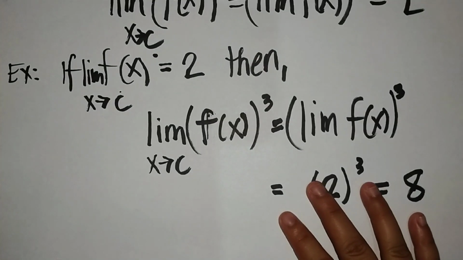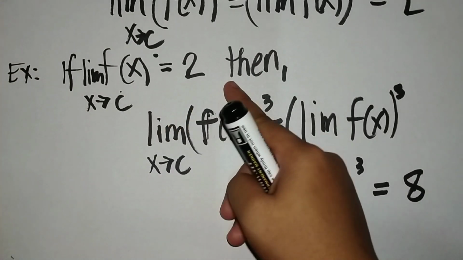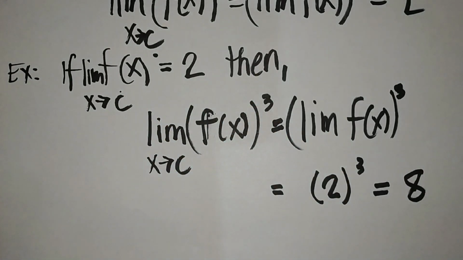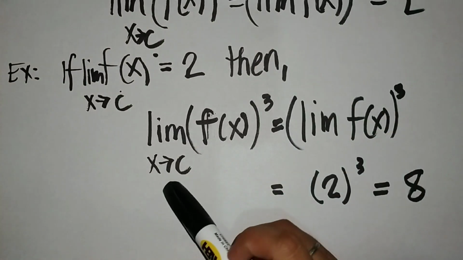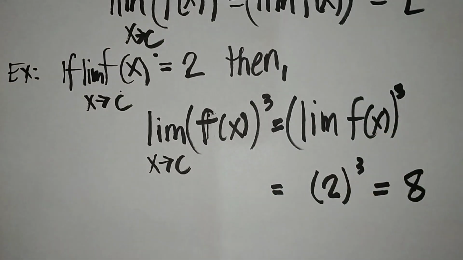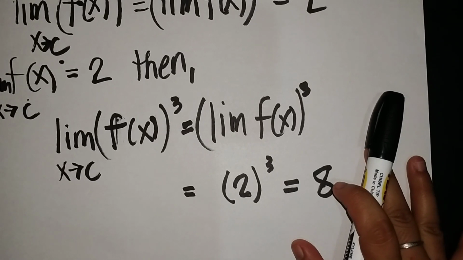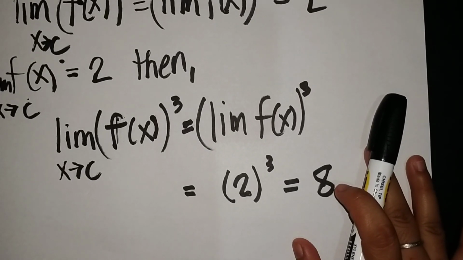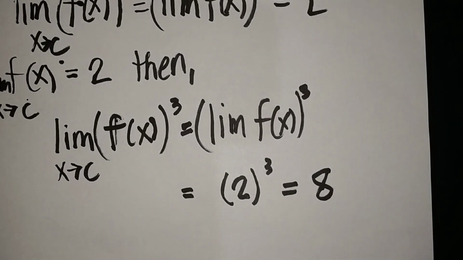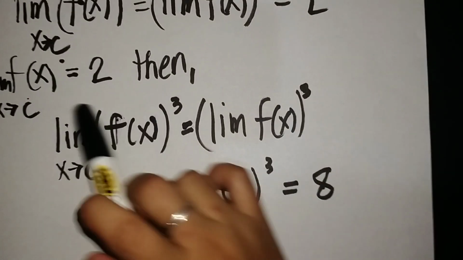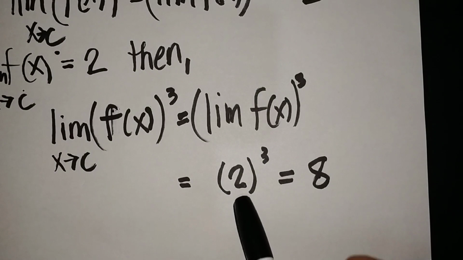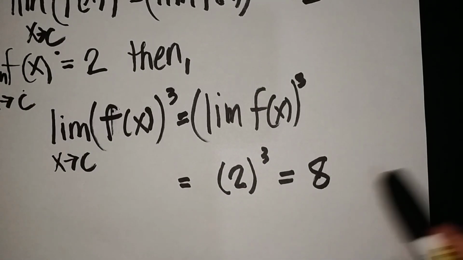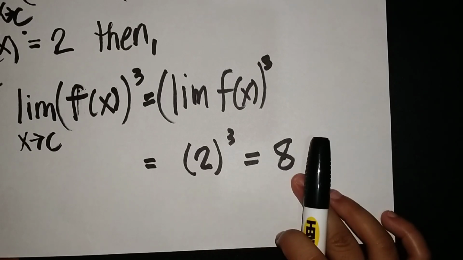In our first example, we let the limit of f of x be equal to 2 as x approaches c. So we have the limit of f of x raised to the power of 3 as x approaches c. We just substitute the limit of f of x, which is 2, raised to 3, and we get the value of 8.